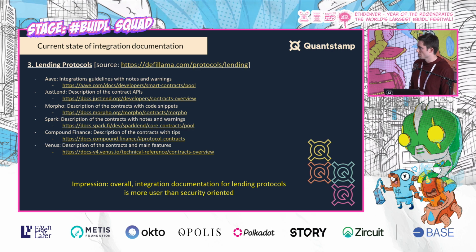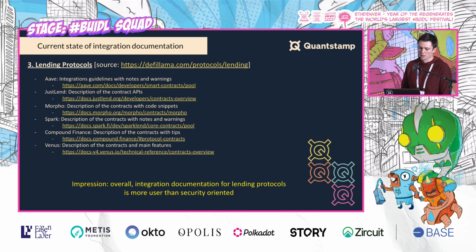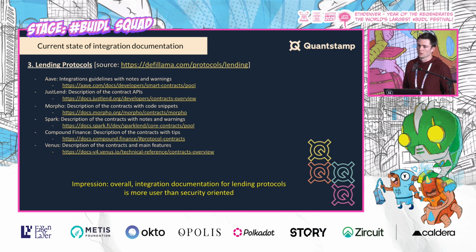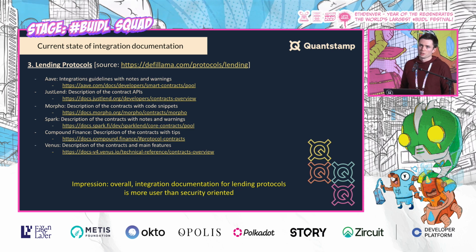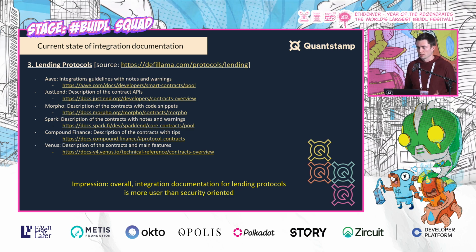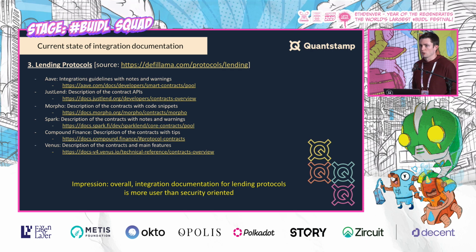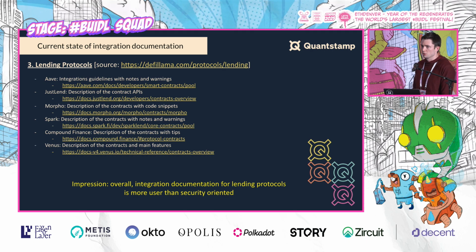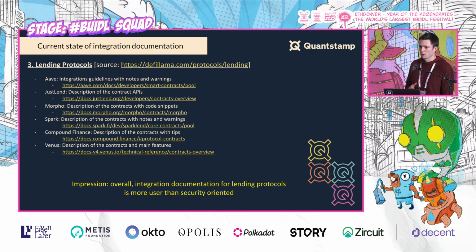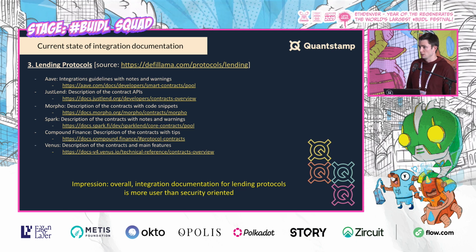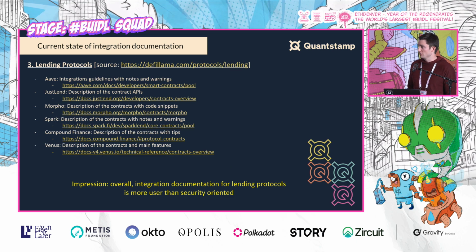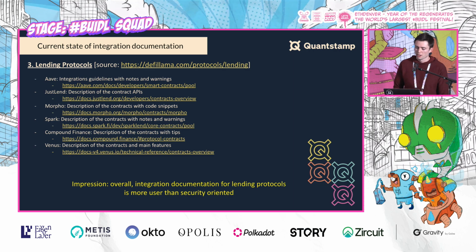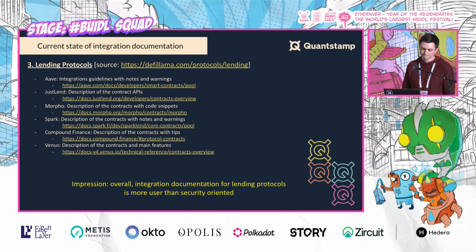Imagine that something that integrates with one of these lending protocols has an issue, and someone sees that their assets are technically sitting in Aave right now, but they're completely locked because the project that integrated with Aave didn't integrate correctly. Now the user is going to have a bad perception of not only the project that they deposited into, but also Aave. So it's best practice for anything in DeFi to give integration recommendations at all levels.